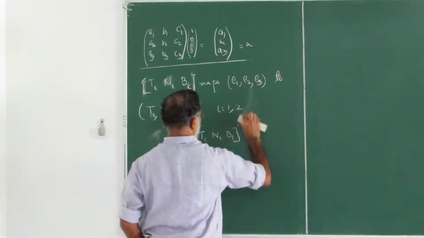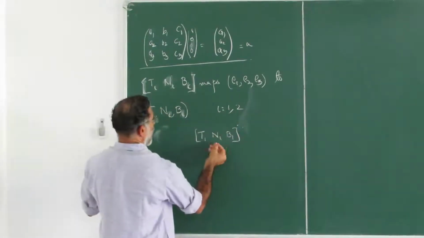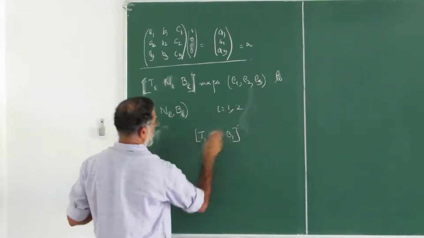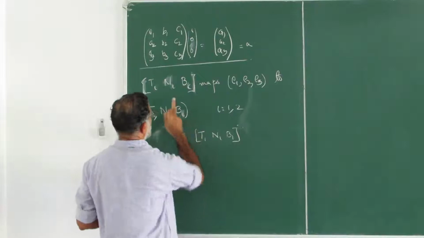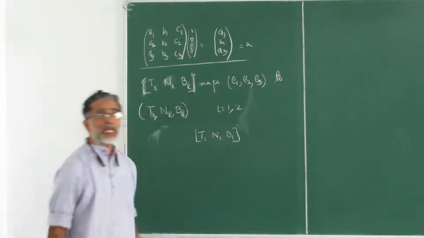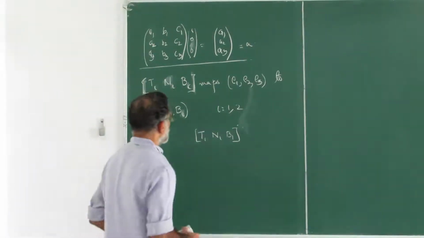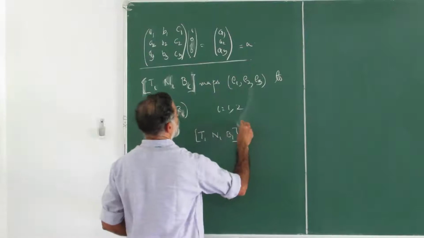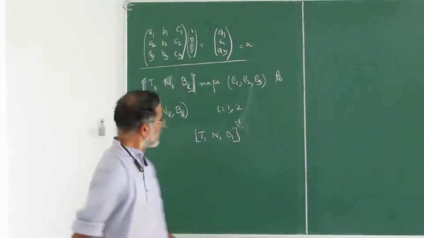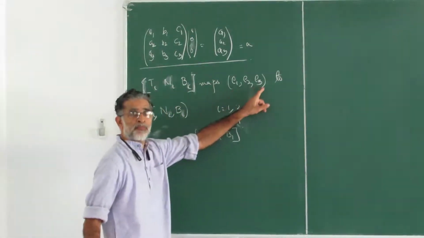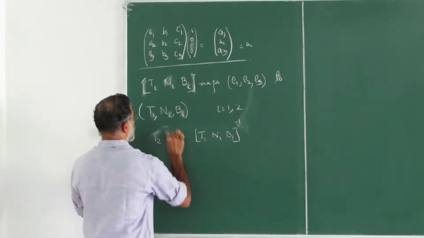So let us take this map E1, E2, E3 to T1, N1, B1. What we want is for T1, N1, B1 to go to T2, N2, B2. So first from here you bring this backward. This will bring T1, N1, B1 to E1, E2, E3, and then apply T2, N2, B2.